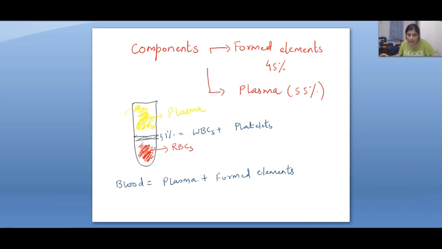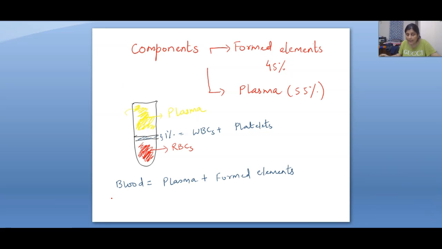The red part includes the red blood cells, that is the RBCs, and the yellow part includes the plasma. So these are the two main components of blood: the formed elements, which include the RBCs, the WBCs and the platelets, and the plasma, which constitutes 55% of blood and is yellow in color.